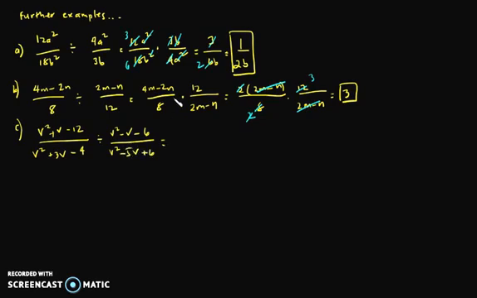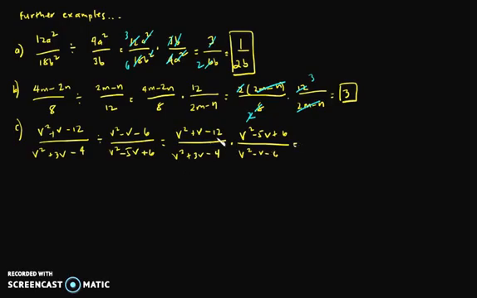Rewriting this, we have b squared plus b minus 12 all over b squared plus 3b minus 4 times the reciprocal, so that gives you b squared minus 5b plus 6 all over b squared minus b minus 6. Obviously these are all general trinomials, so I need to factor them.